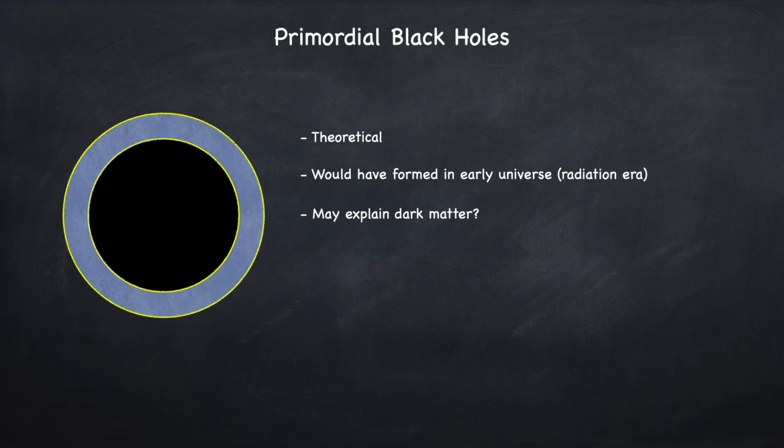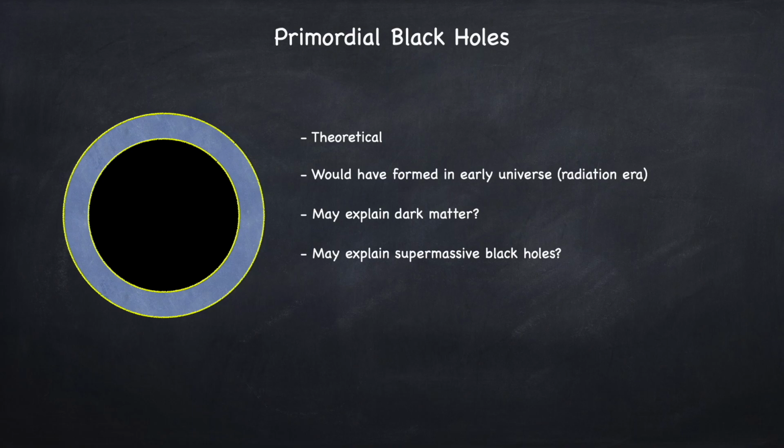Another possible candidate for primordial black holes is the existence of supermassive black holes at the center of galaxies. Most galaxies, particularly very large galaxies, have supermassive black holes at their center, some of them being more massive than 1 billion solar masses. And these supermassive black holes have been observed very early on in galaxy formation.